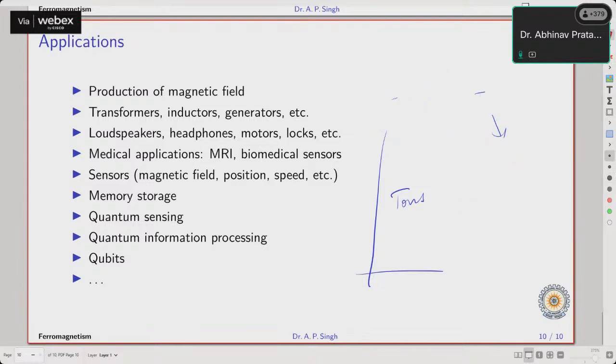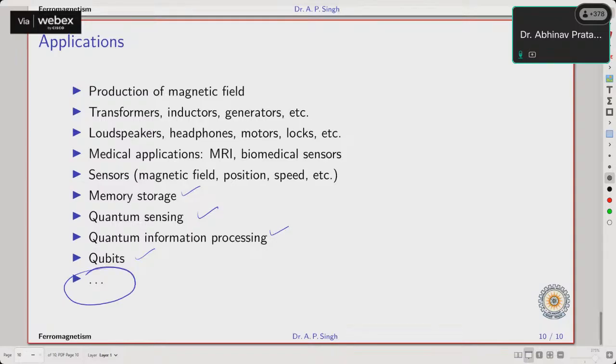So this is one very major application that we use in our daily lives, which is storage. And then, as I discussed before, these magnetic materials are now being proposed for applications in quantum sensing, quantum information processing, qubits also. And as I said before, this is just the starting. I can't even list how many applications these ferromagnetic materials have.